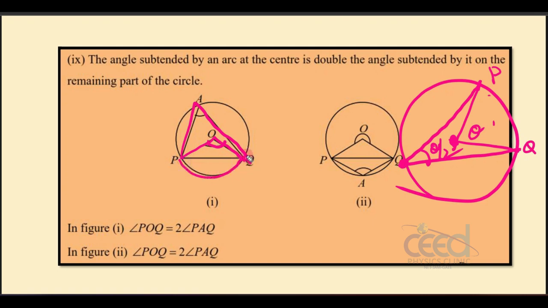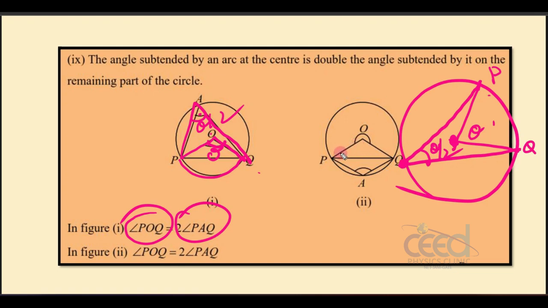Then PQ is subtended by the angle POQ at the center, and that should be double of PAQ. If this is theta, then this is theta by 2, right? So this kind of thing you have to remember. Angle POQ is equal to 2 times PAQ.